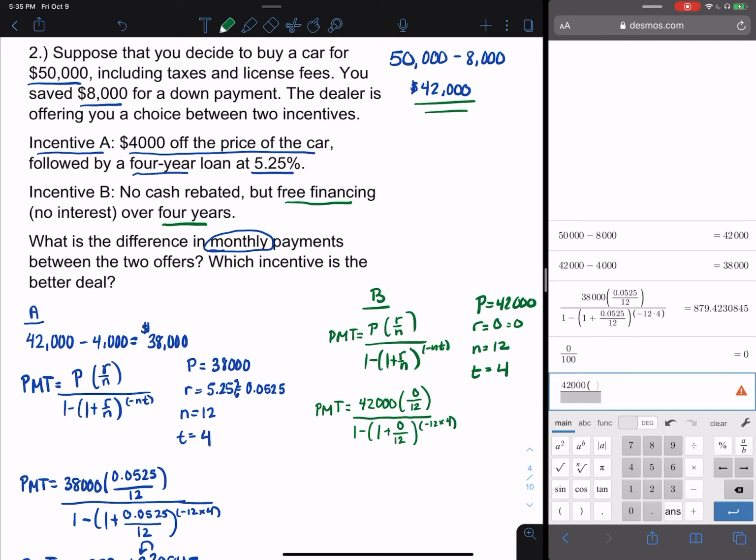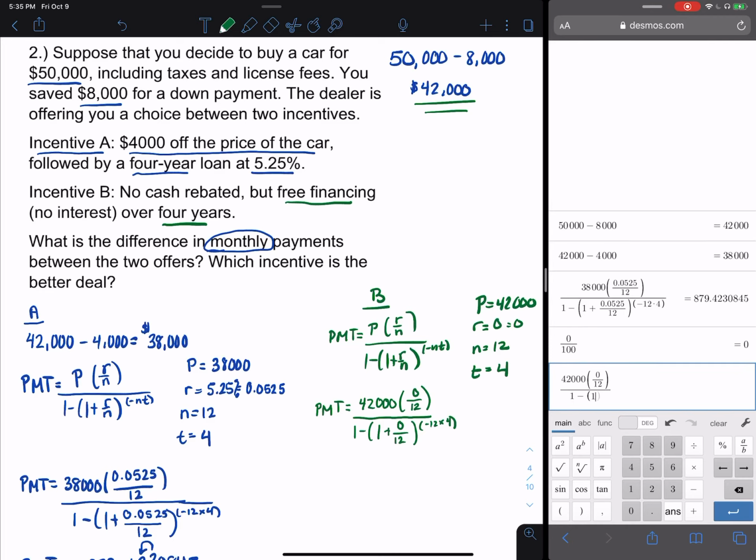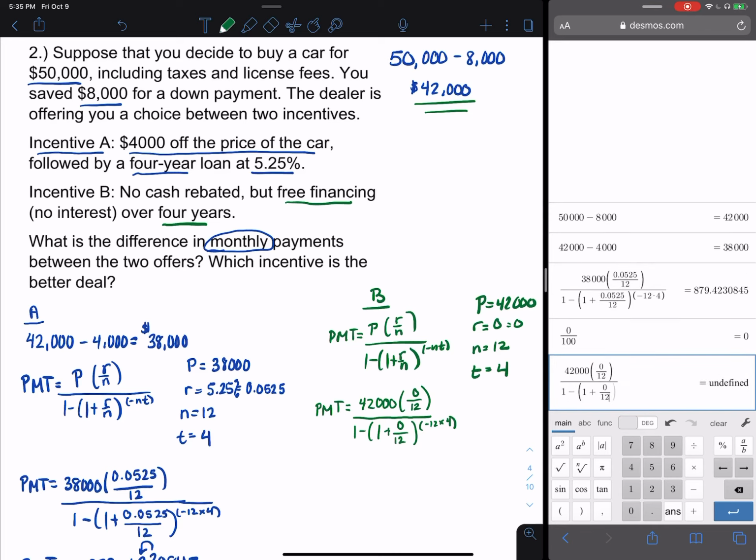42,000, parentheses, 0 divided by 12, hit the right arrow and close my parentheses. I go down, 1 minus, open the parentheses, 1 plus, 0 divided by 12, close those parentheses, and raise it to the power of negative 12 times 4.